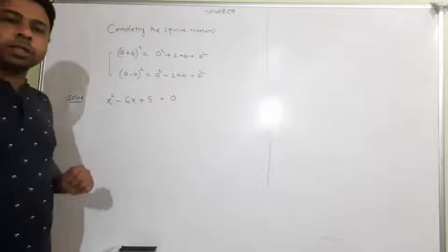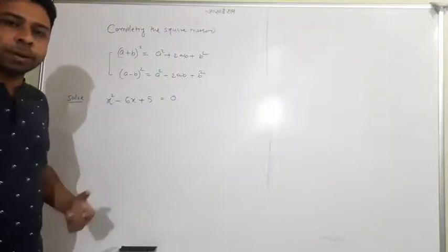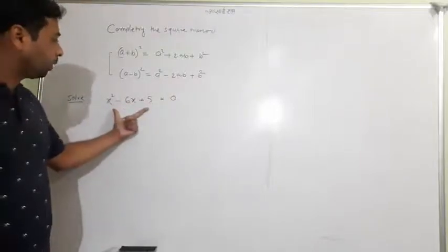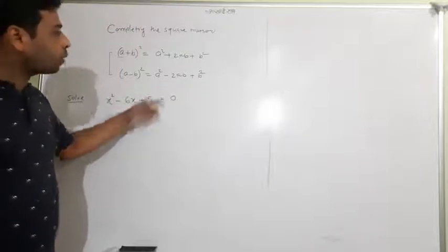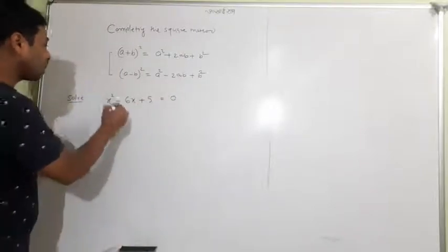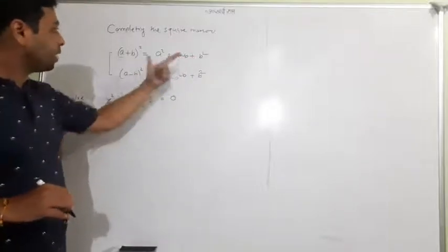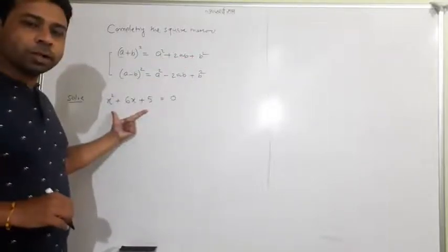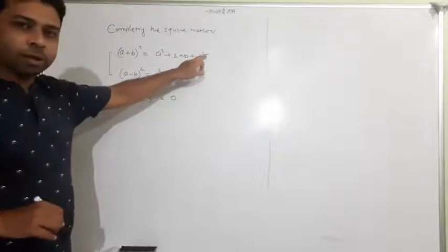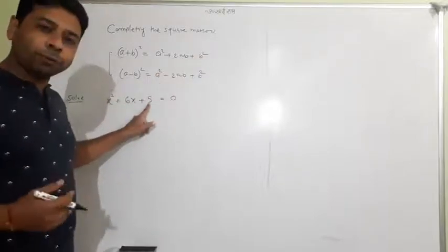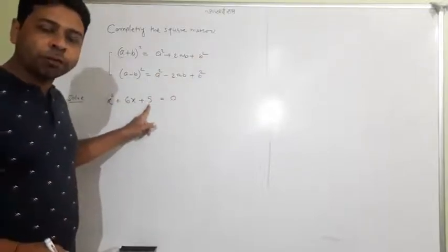That is a further task. But first you have to convert this quadratic equation, which looks like this one, but it is not exactly. Why is it not exactly? It should be b square, but it is 5 only, and 5 also cannot be written in the form of a square.